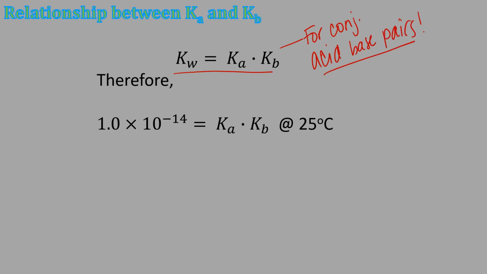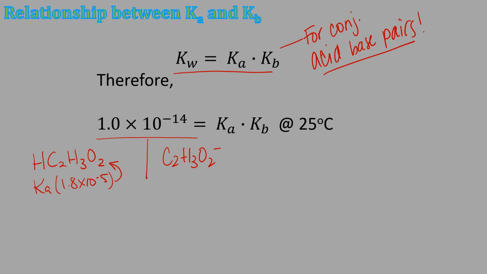So if I have acetic acid, which has a Ka of 1.8 times 10 to the negative fifth, and we need to know the Kb for, let's say, acetate, then we can just use this equation and plug our values in.